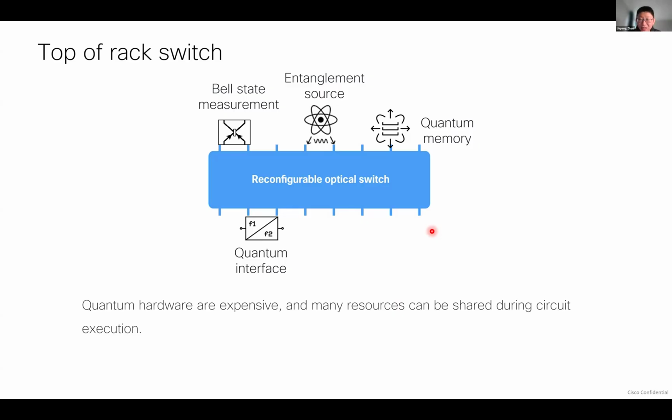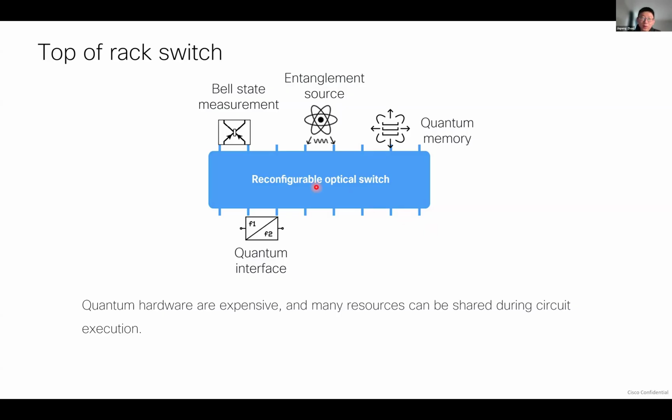And the second reason is that the execution of the quantum circuit and the entanglement distribution is actually probabilistic. Therefore, by using dynamic scheduling and compilation, as we talked about before, it is possible to share the resources at the central switch.